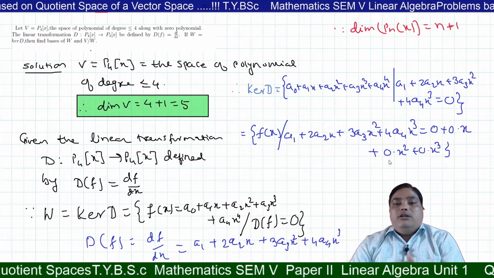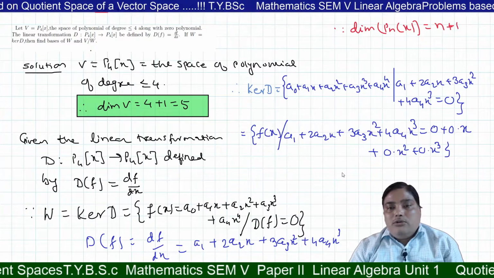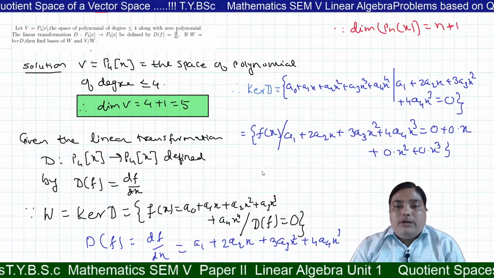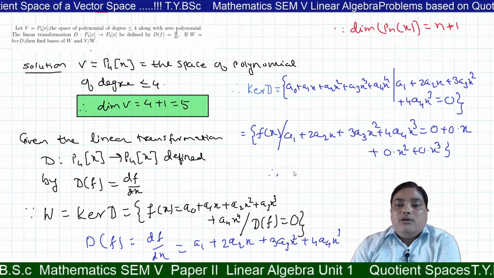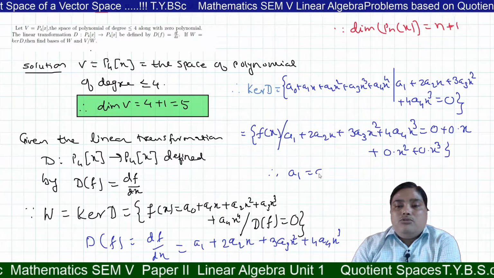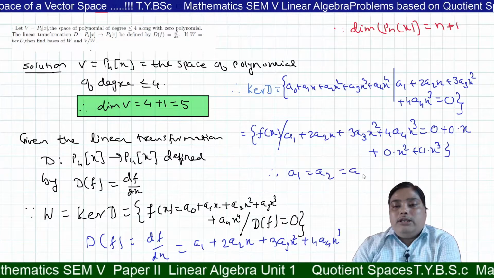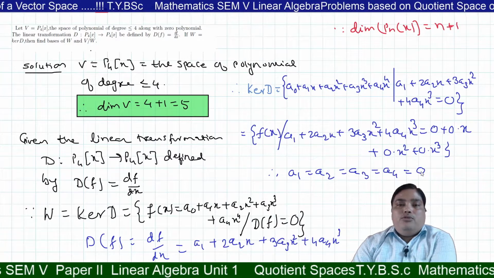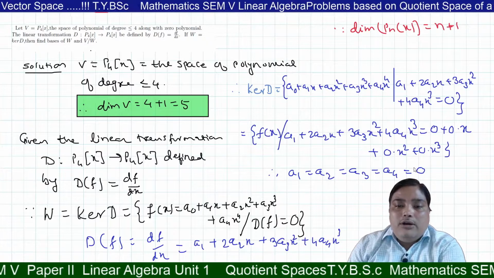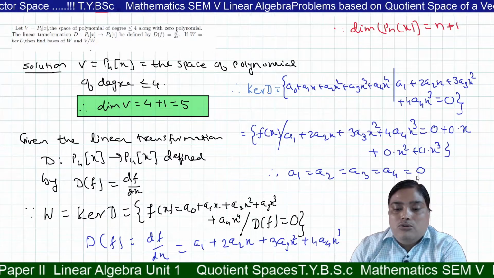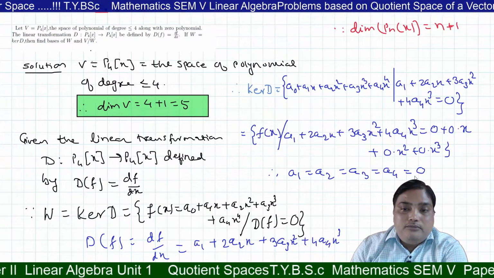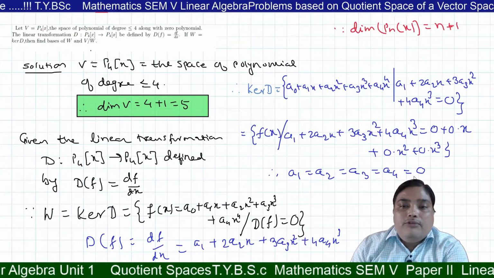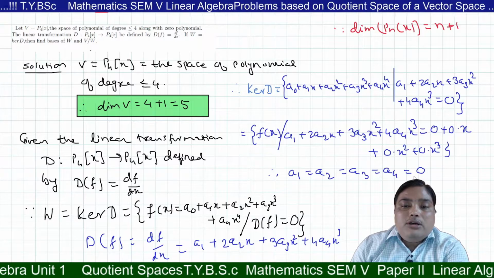Since the two polynomials are equal, their corresponding coefficients are the same. So we get a1 equals a2 equals a3 equals a4 equals 0. I think this is clear to you. So therefore, what is the kernel here?